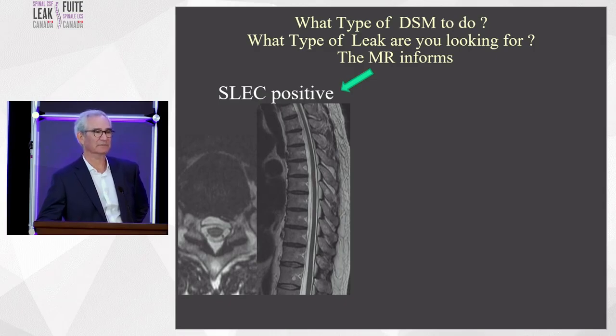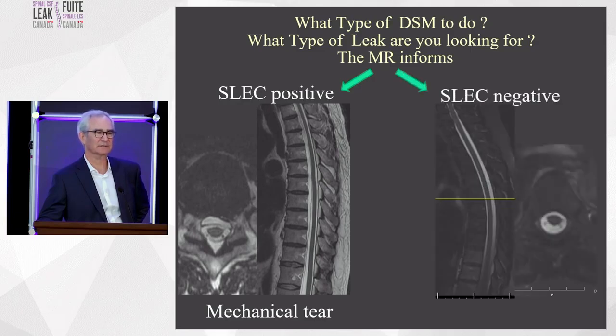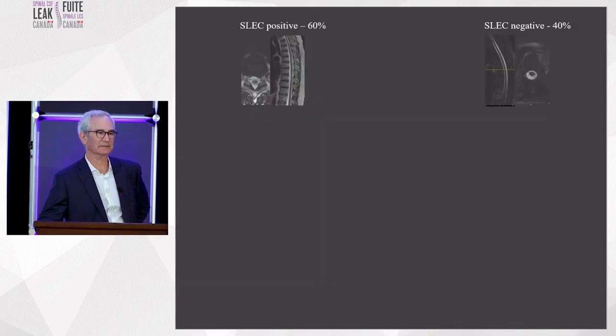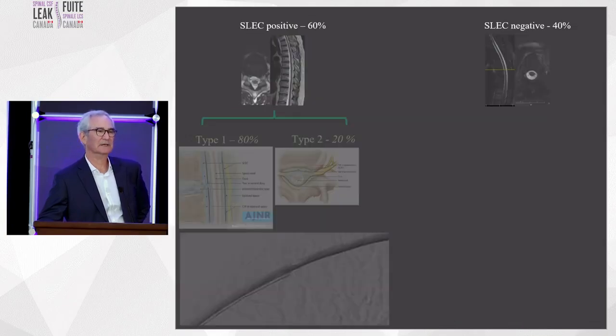It's either ventral or along the side, and it's mechanical. The second species is the SLEC negative patient, brain positive, and that's a CSF to venous fistula. That's essentially what you're looking for. It's a non-physiologic siphoning of CSF. It takes it away from the perispinal space, and you look for it differently.